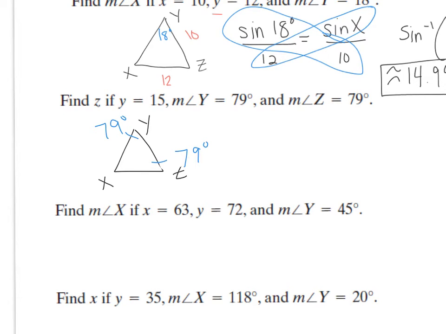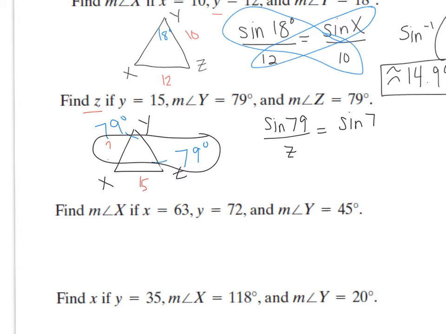And then y was 15. And we need to find z. So across from here, sine of 79 is to z, because I don't know what side z is, as sine of y, which is 79 degrees, is to 15.